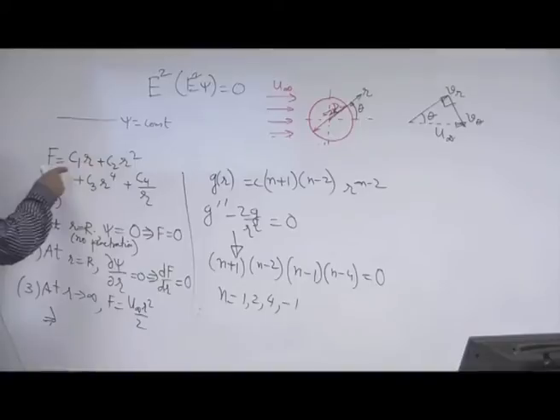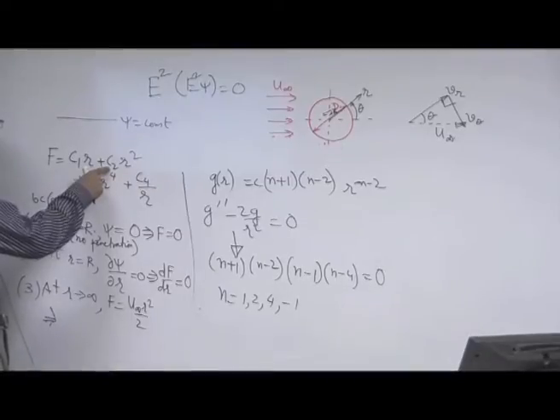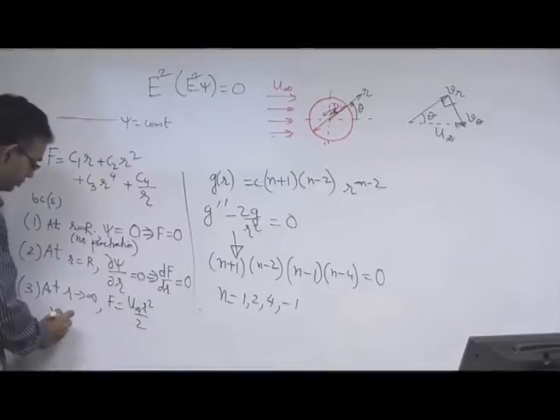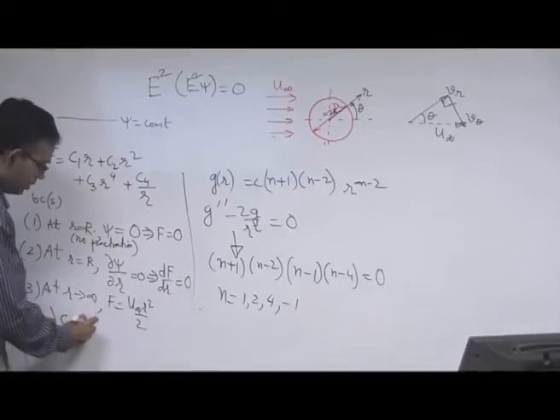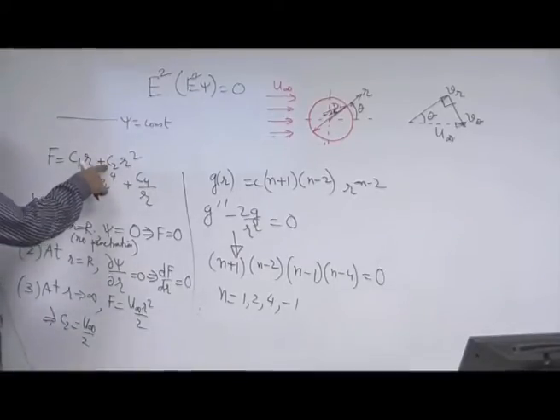One of the constants we can, so C2 is, what is C2? U infinity by 2, right, because this form should be satisfied even at r tends to infinity.